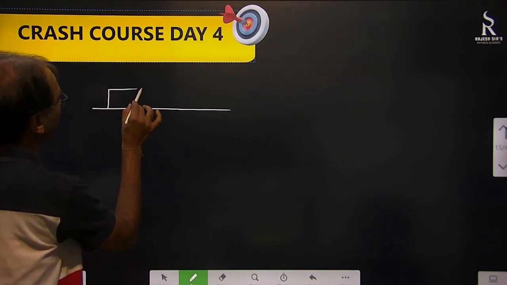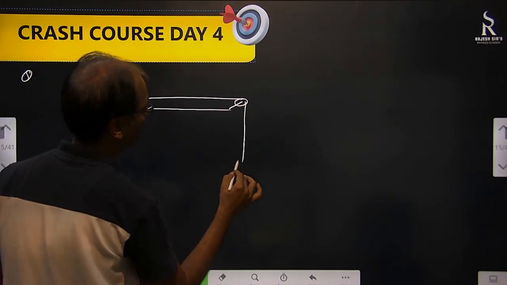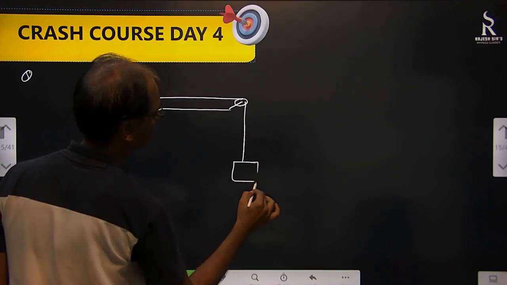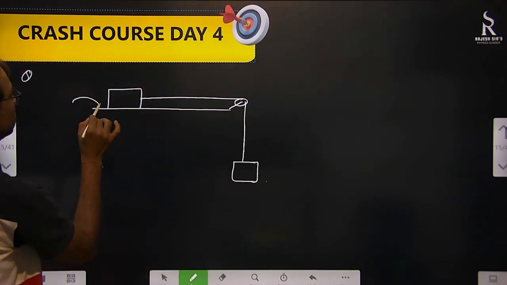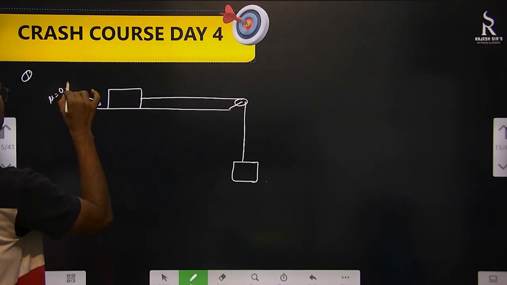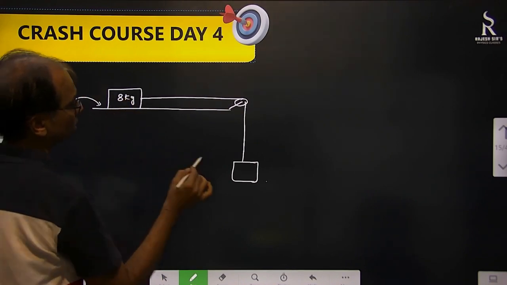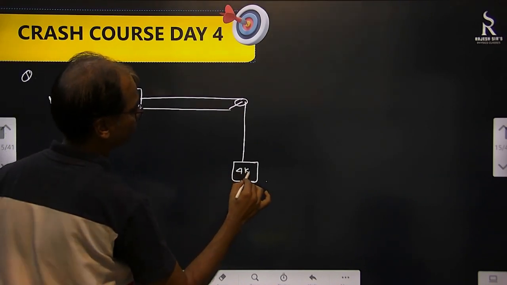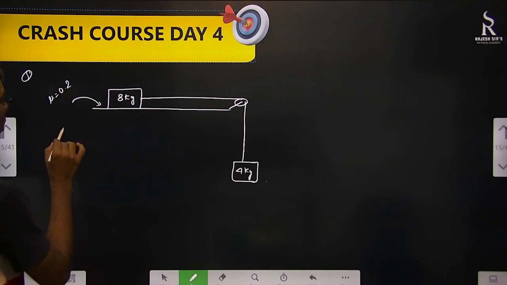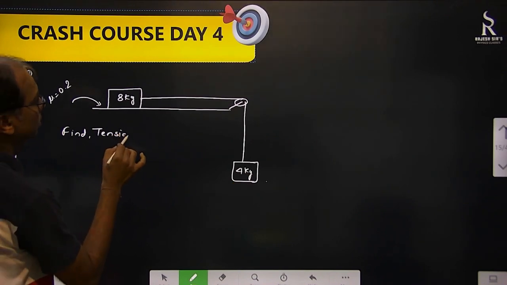Here is one block, and then it's like this, and this friction 0.2, say 8 kg, this is 4 kg. Okay, find tension and acceleration.